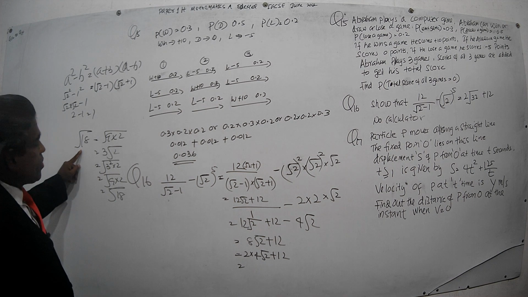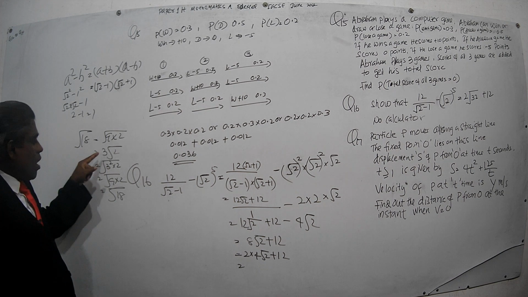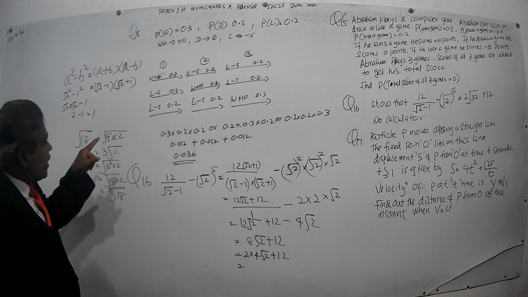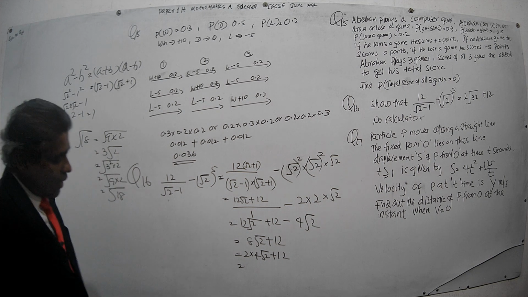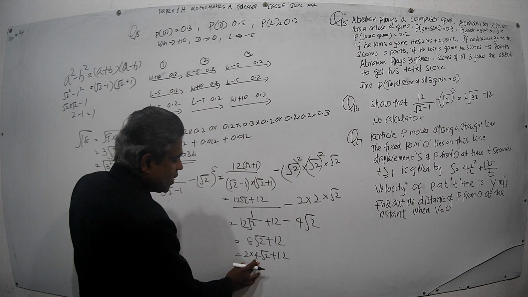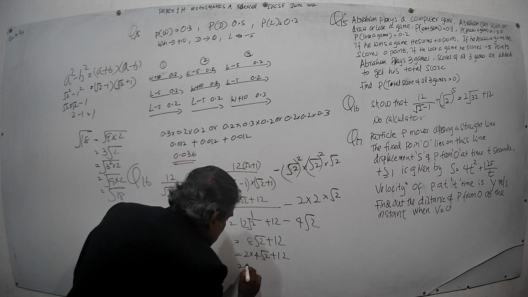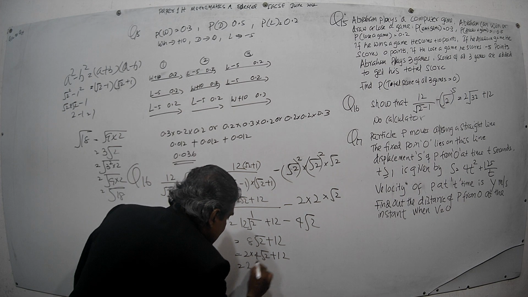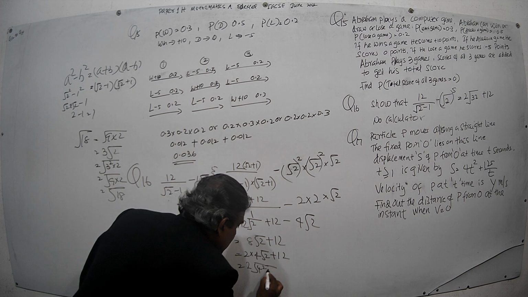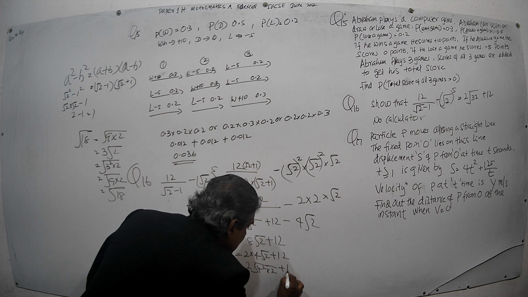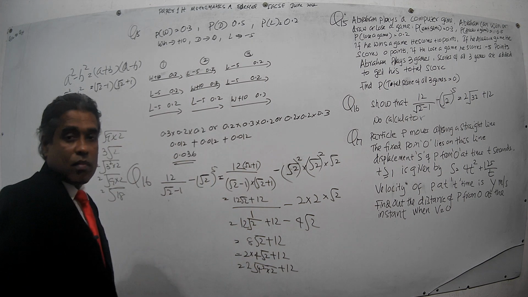Therefore, if you want to take any term from outside to inside of a square root, we have to square that outside term and take it. Here this 4 is squared, then taken inside. 4 squared into 2 plus 12. Like that.